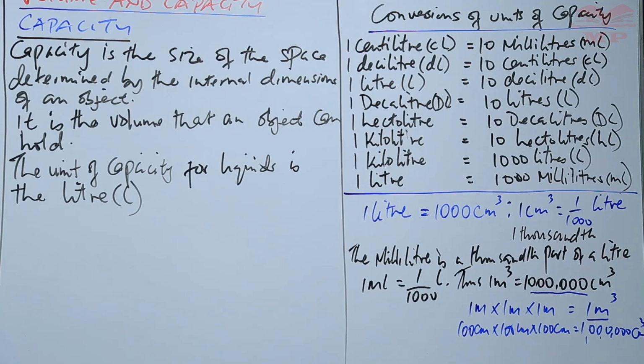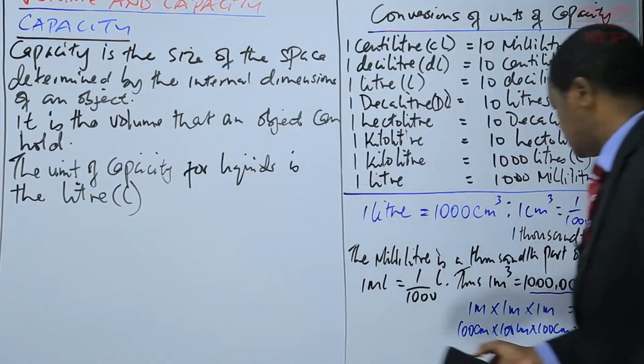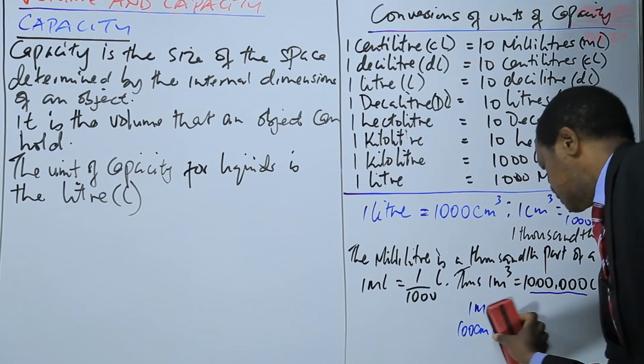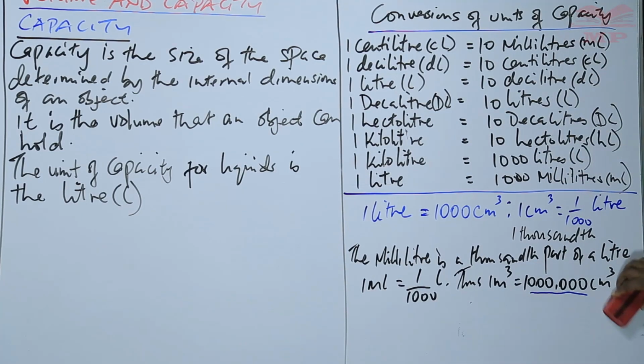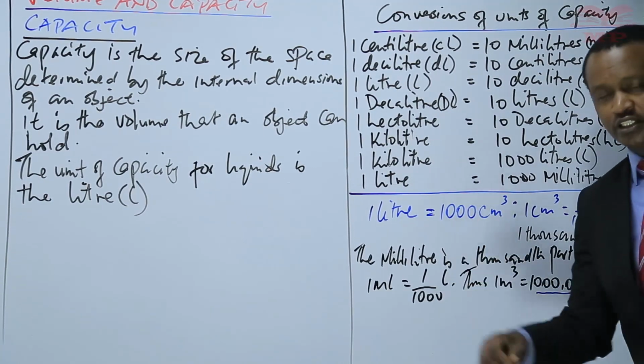And so, let me have this first. This was to help you understand that. These are cubic centimeters. Now, how can we convert these cubic centimeters into liters?